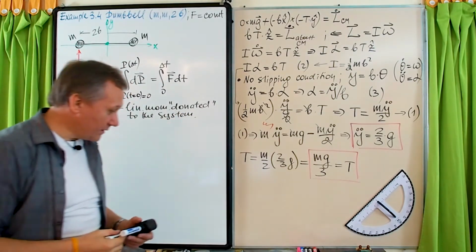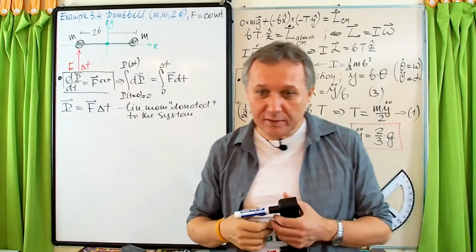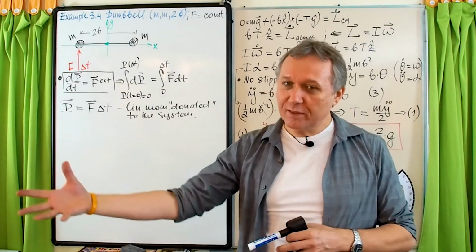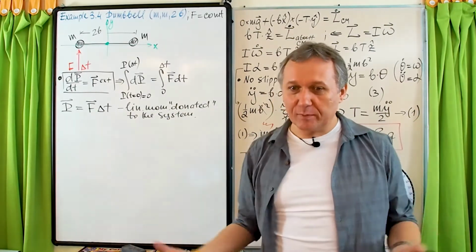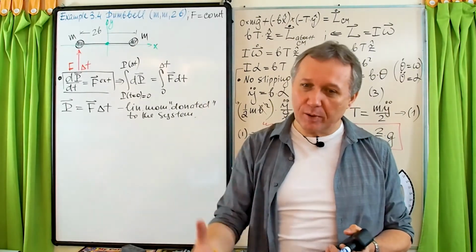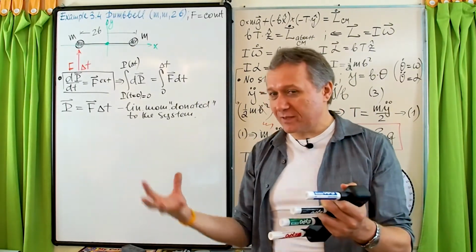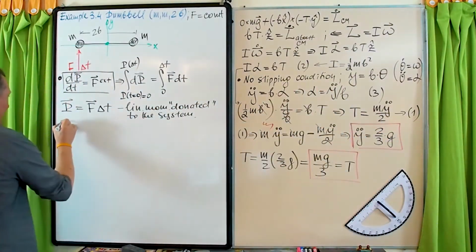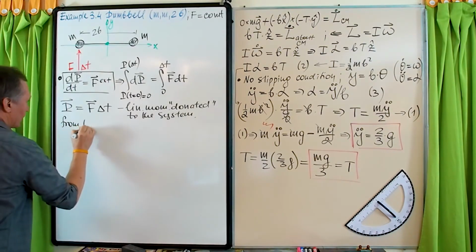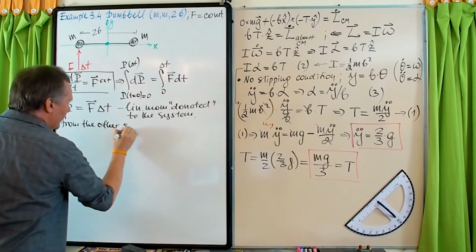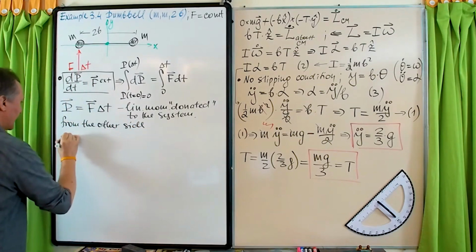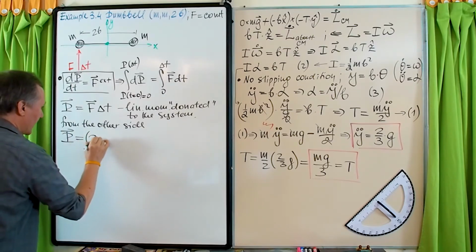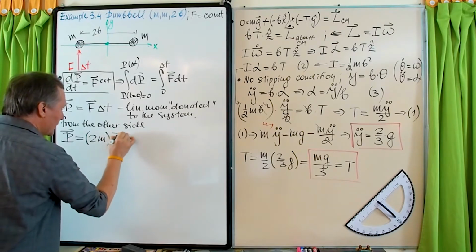So now that system has linear momentum, and from the other side, you remember the amazing properties of the center of mass. If you know the center of mass point, you can easily write down the total linear momentum of the system by using that fake particle with the total mass of the system, positioned at the center of mass. So let's use it. From the other side, we can write that the total linear momentum of the system equals the total mass 2m times r dot.